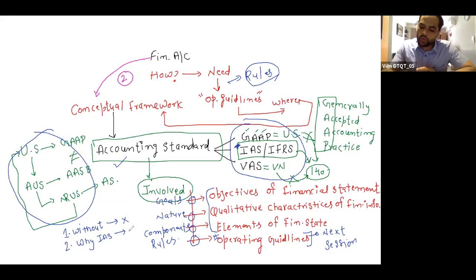In order to avoid any kinds of conflicts that could arise because of different rules and regulations, we have same accounting standards. I repeat, in order to avoid some specific conflicts, we have international accounting standards.